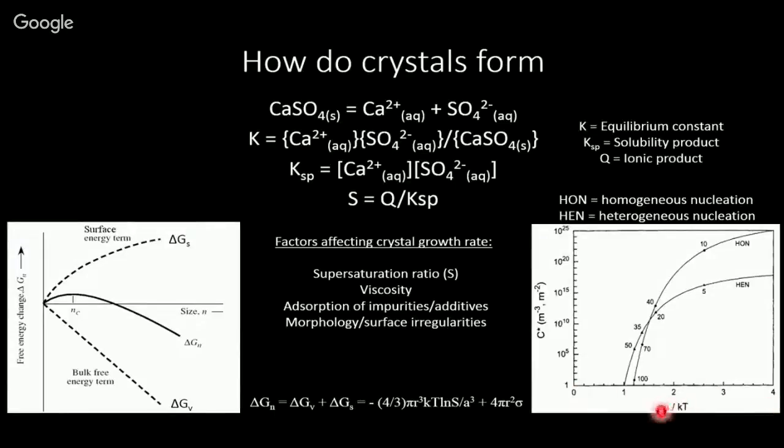What you see here is the chemical potential divided by kT, which is also a way of phrasing supersaturation. As supersaturation increases, you have two curves. HEN stands for heterogeneous nucleation, and HON stands for homogeneous. If you look down, you'll see which one starts first: heterogeneous.